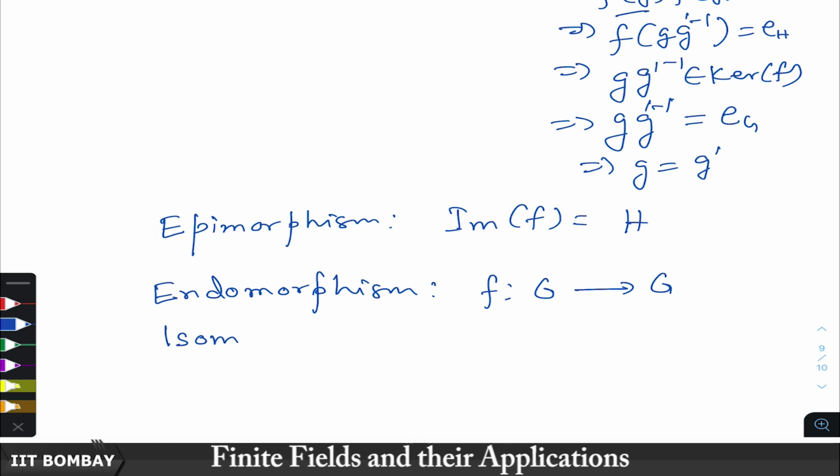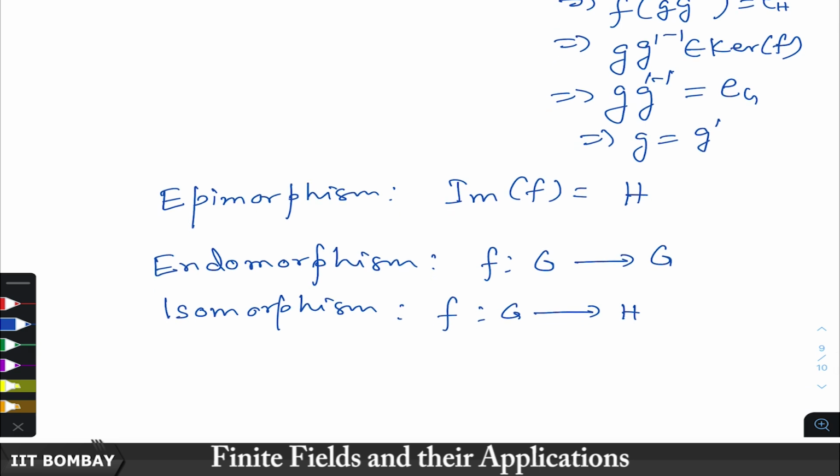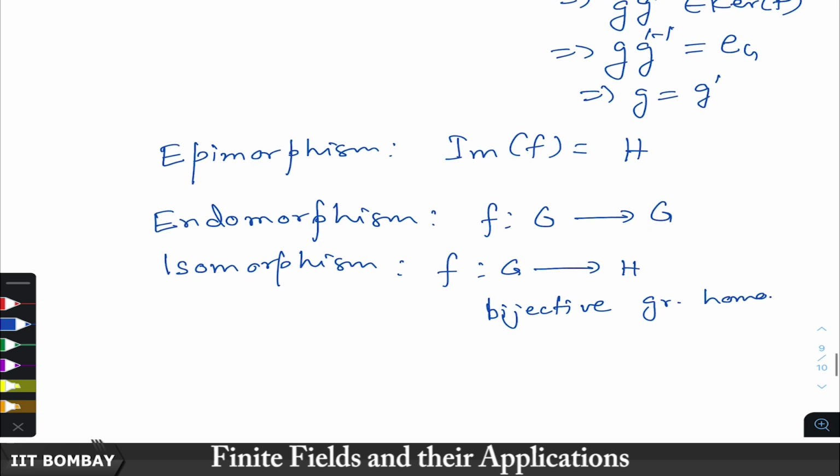Isomorphism is a group homomorphism from G to H, which is a one-to-one correspondence, which is bijective, that is, a bijective group homomorphism. Okay, it is called isomorphism. And when we have an isomorphism between two groups G and H, we say that G and H are isomorphic.